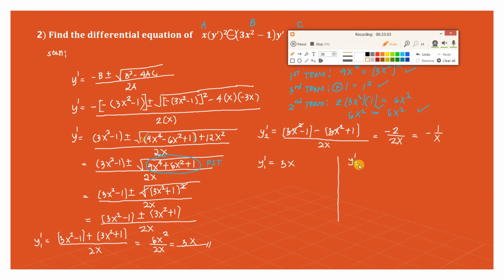Y prime sub 2 is equals to negative 1 over x. Okay, so nakakasunod, no? Okay, so ganun ulit. Change y prime into its other form, dy over dx equals to 3x. Tapos, separate the variables. So, dy is equals to 3x dx.